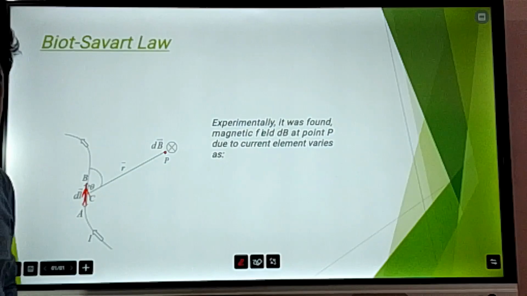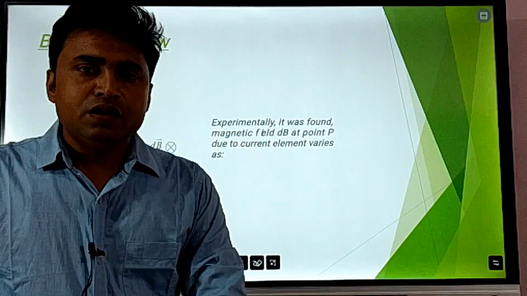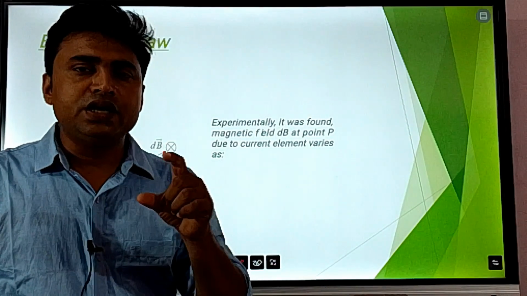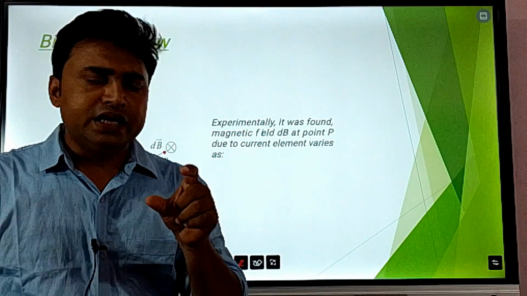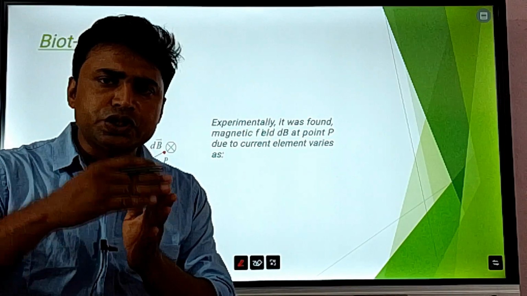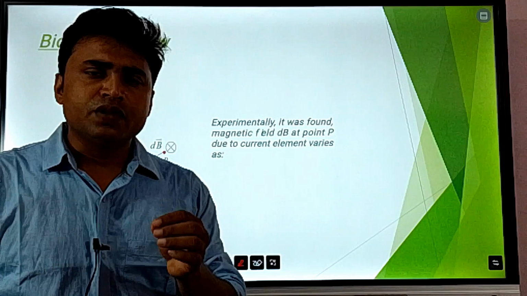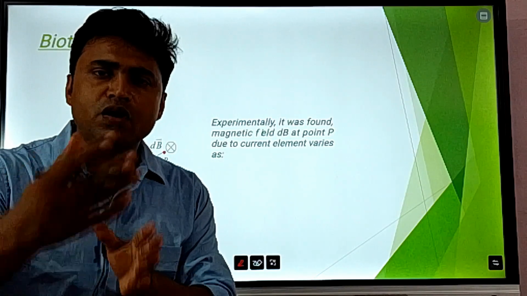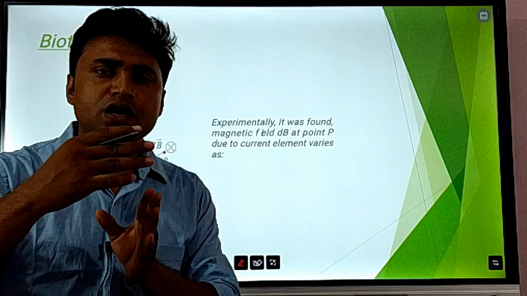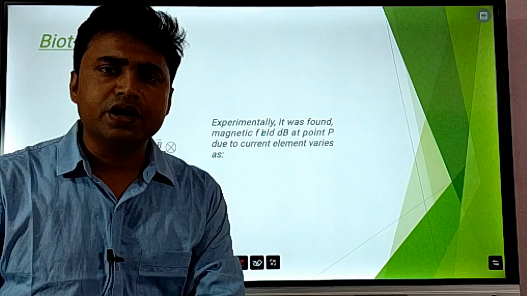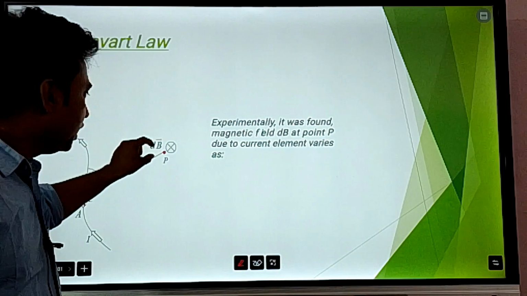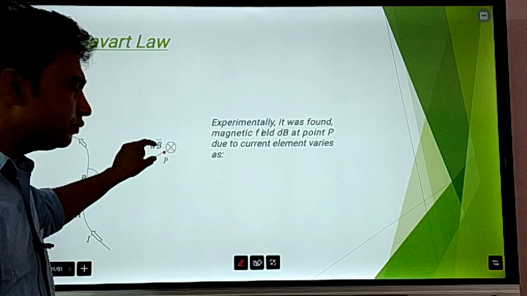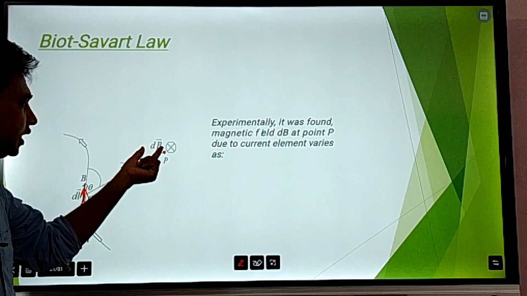Because this magnetic field is produced due to a small current element, and the magnetic field produced due to a small current element will always be small in magnitude. So I have represented it in differential form, as dB.